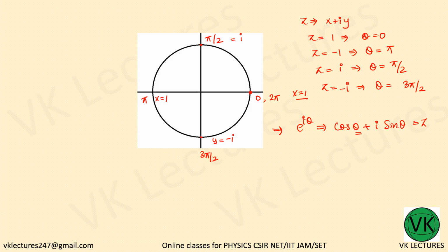So put each value of z at theta equal to 0, theta equal to pi, theta equal to pi by 2, and theta equal to 3 pi by 2. You are going to get the values such as 1, minus 1, i, and minus i.